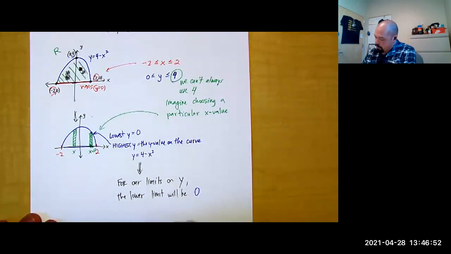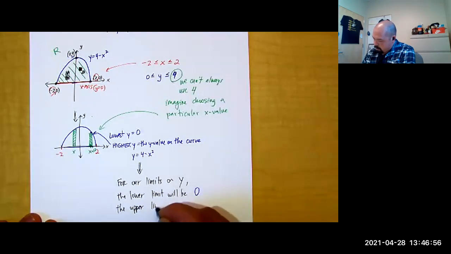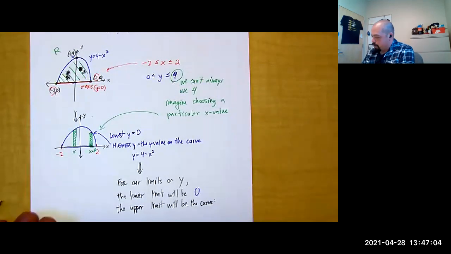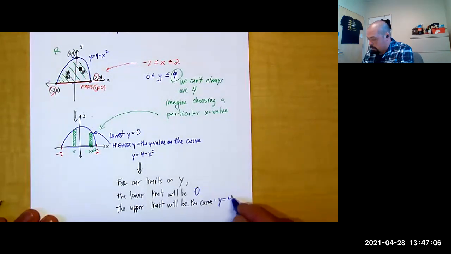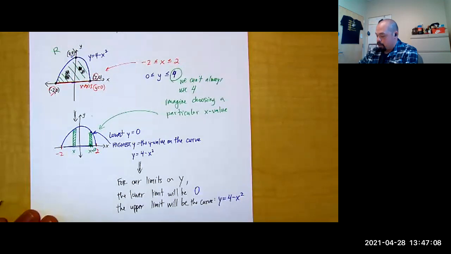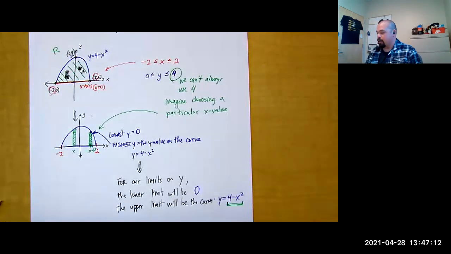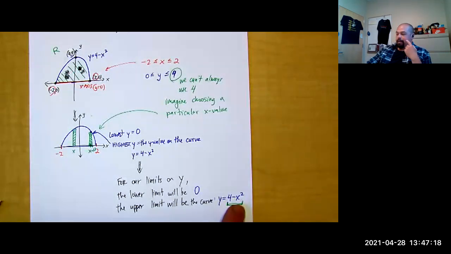But the upper limit will be the curve, y equals 4 minus x squared. That expression involving x, 4 minus x squared, is how high y can go depending on what x I'm at.